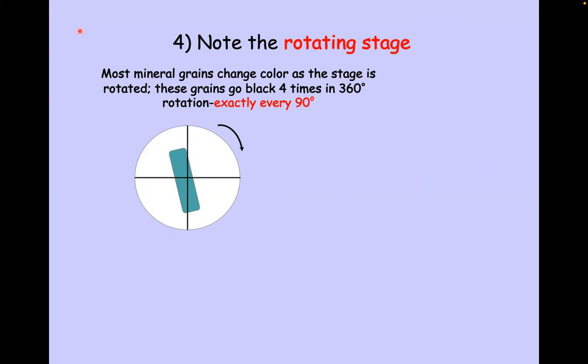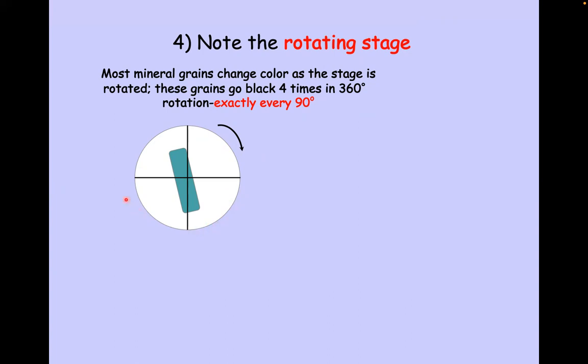Okay, so we'll see here, most mineral grains change color as the stage is rotated. These grains go black 4 times in a 360-degree rotation, exactly every 90 degrees. So when you rotate the stage 90 degrees, some minerals become black, but if you rotate another 90 degrees, in between it will become bright, but again at 180 it will become black.